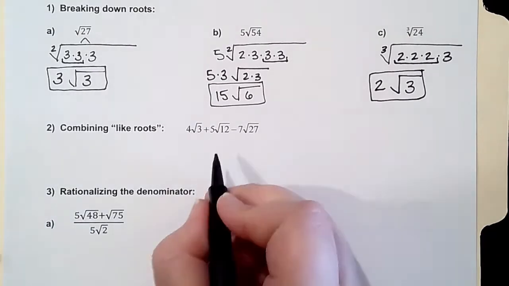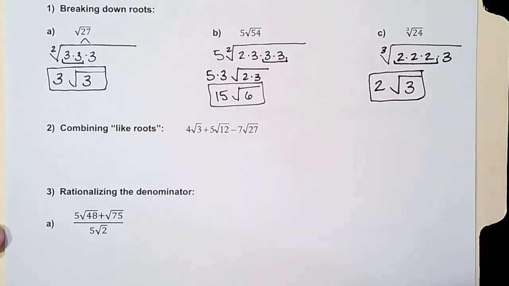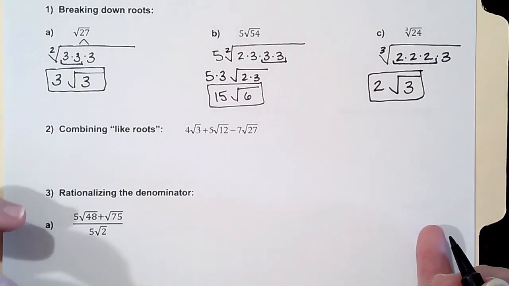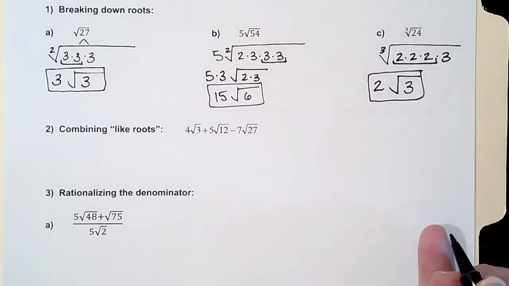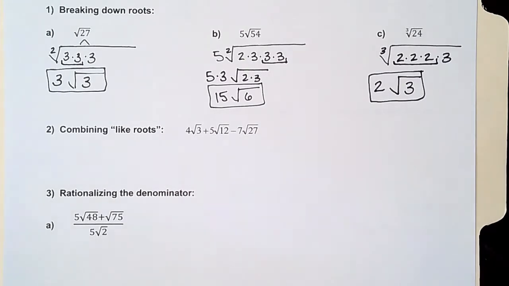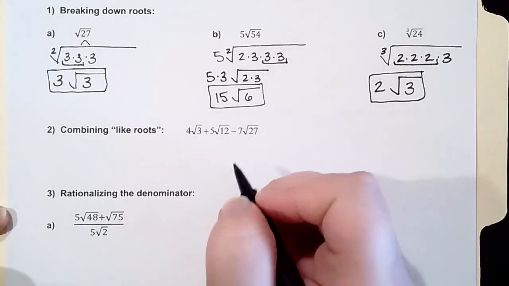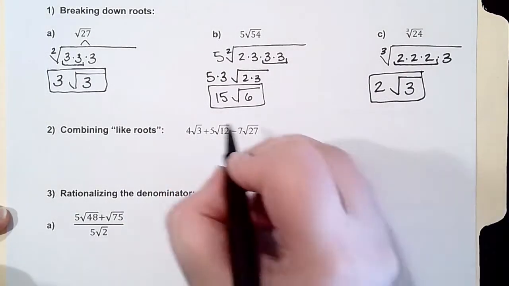Let's take that a step further and combine like roots. Now, these don't look like roots, but we have to simplify them first. I personally, when I'm working with any type of radicals or square roots, I like to simplify them furthest and then do my other operations. So in this case, 4 times the square root of 3, not really anything we can simplify.